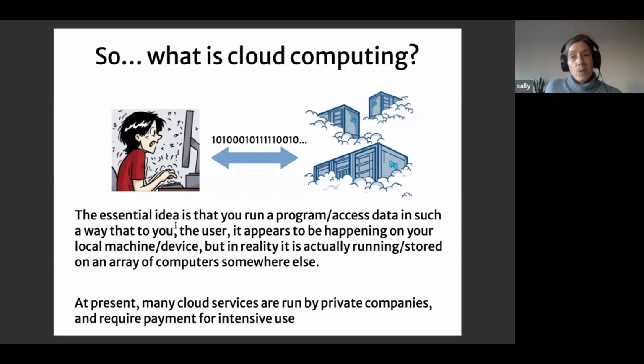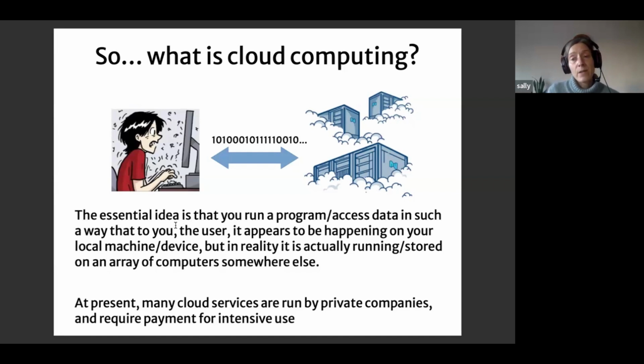So supercomputers are normally provided as a research facility by national level infrastructure. Cloud services are often still run by private companies. Amazon Web Services is one of the largest ones, and it's a paid service for intensive use.